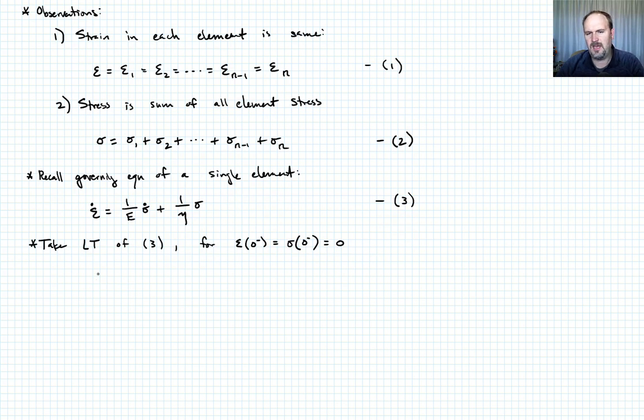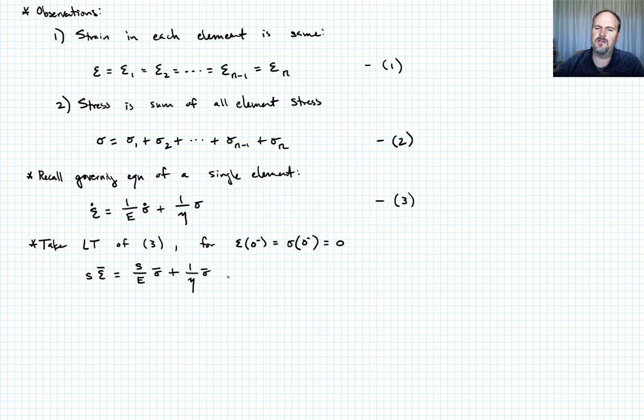If we go ahead and take the Laplace transform, then there's the Laplace transform of epsilon dot. If you remember from our previous lectures, it looks like s times epsilon bar. Now we can take the Laplace transform of the right-hand side, and this looks like s over E times sigma bar, plus 1 over eta times sigma bar.